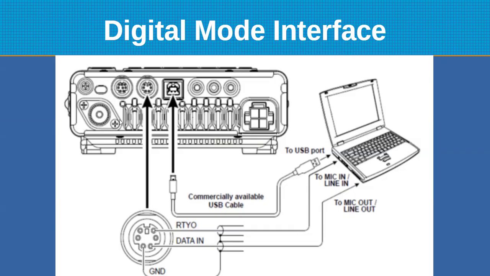It may be through this accessory connector on the back of this one, or they may have separate miniature phone jack ports. Depends on the radio and what you need to connect it up.